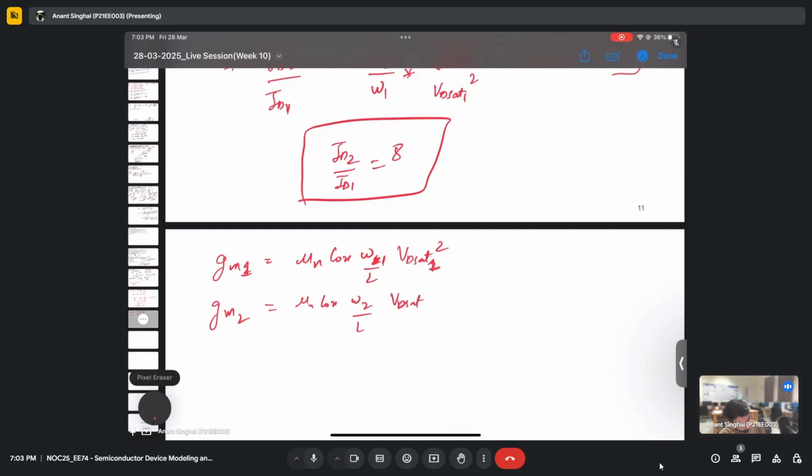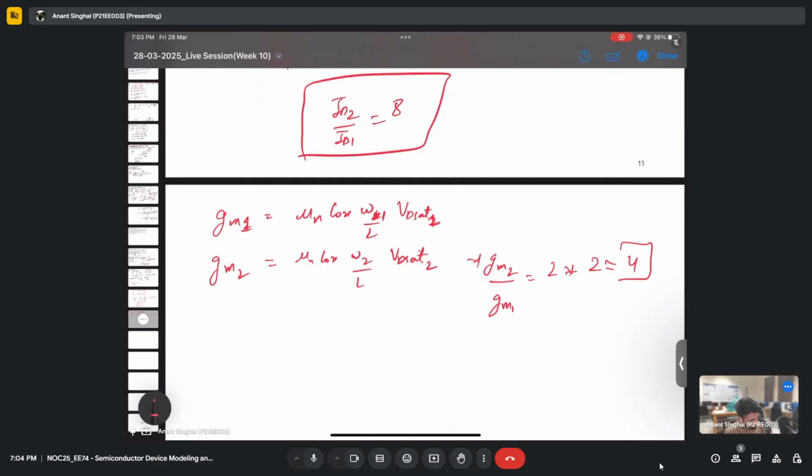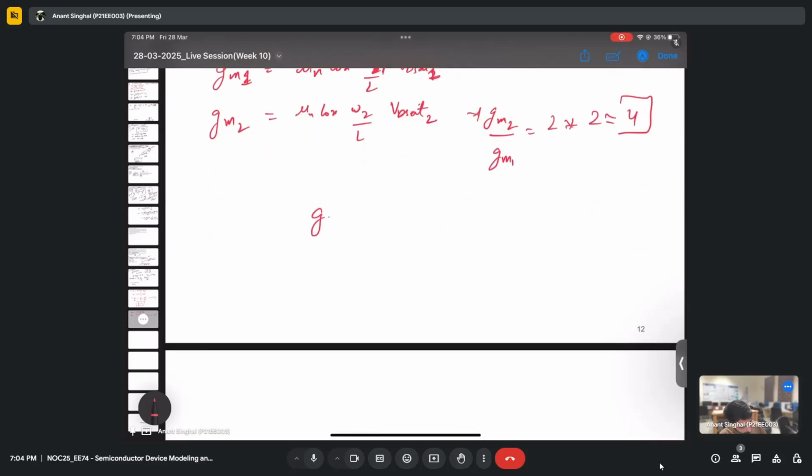Only the square goes away. So GM2 by GM1 is VDsat2 by VDsat1, that is 2, times W2 by W1, that is 2, so it will be 4. If I'm not wrong, GM2 by GM1 is 4. Make sense?